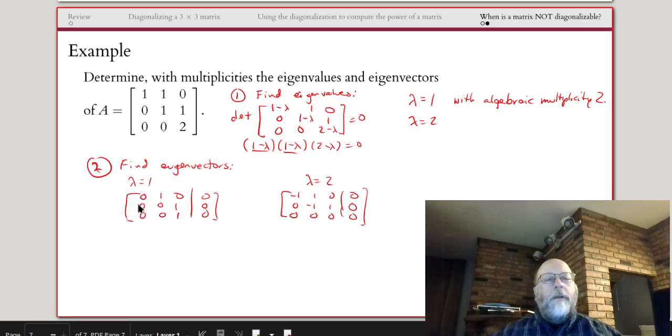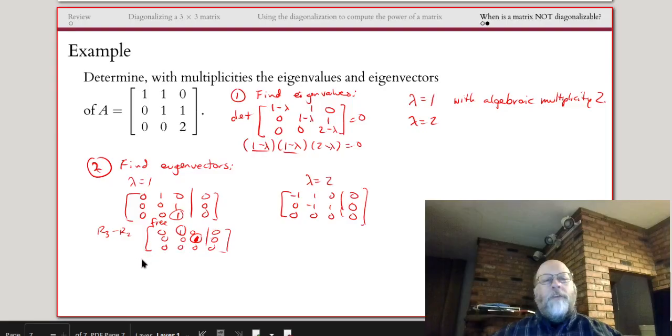All right. I'm going to get rid of this by just taking row 3 minus row 2. And we'll get 0, 1, 0, 0, 0, 1, 0, 0, 0, 0. I have a leading entry in columns 2 and 3, but column 1 is free.